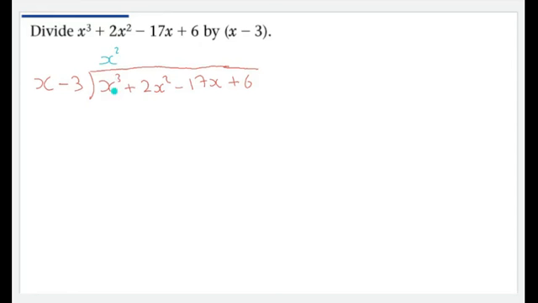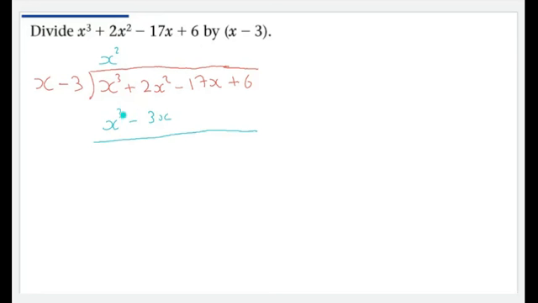And then to be able to work out the remainder, we do x squared multiplied by this x minus 3. That's going to give us x cubed minus 3x squared. Okay. And then the thing that you would do with your division is you would take this away to work out what the remainder is.